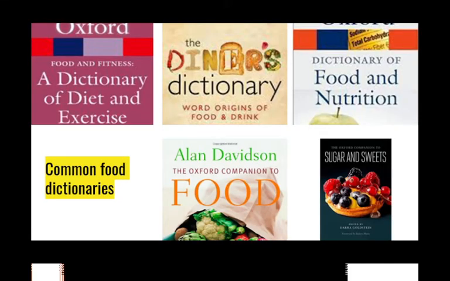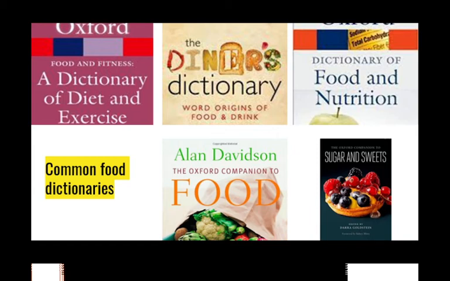So as you look at Oxford, the work they've done, we have common food dictionaries. For instance, a dictionary of diet and exercise, the Diner's Dictionary, which is another one, food and nutrition dictionary, the Oxford Companion to Food by Alan Davidson, sugar and sweets dictionary.